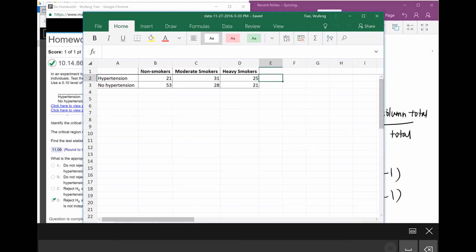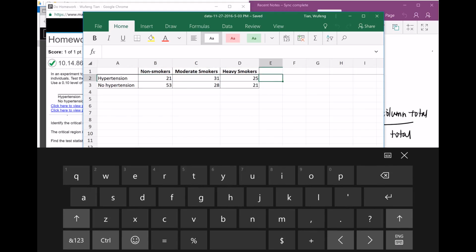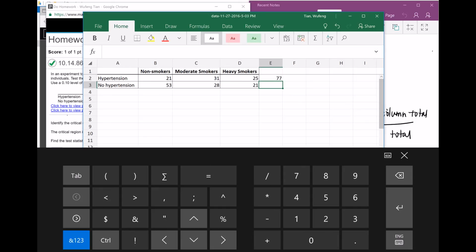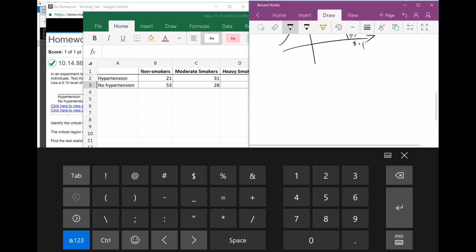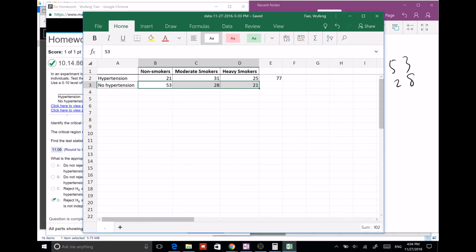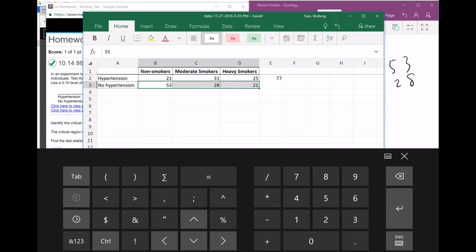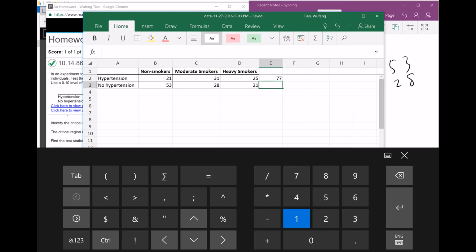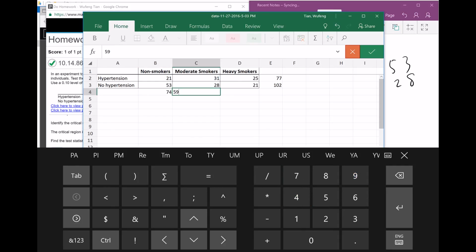For this one, 53 plus 50, I don't have to add it, just choose the 3, it's 102. Then add the columns: 74, 59, and 46.